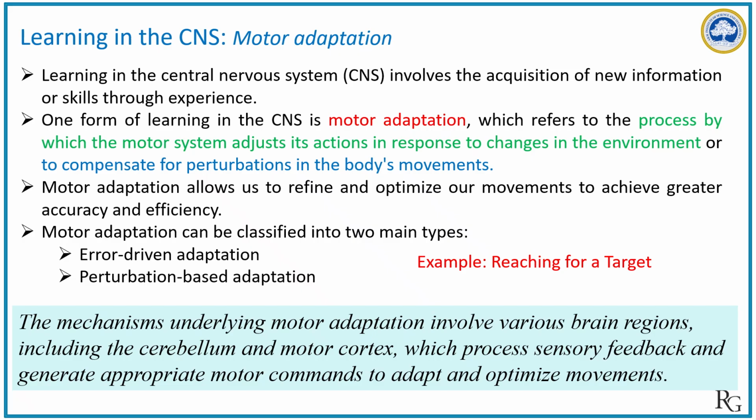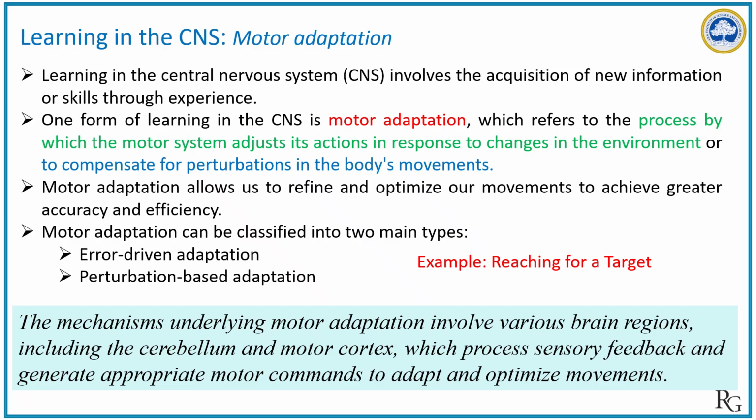In simple words, it's how we refine our movements so that they become more accurate and more efficient over time. Think about when we first try to use a new tool, or when you are walking on a very slippery surface: your initial movements are clumsy or inaccurate.